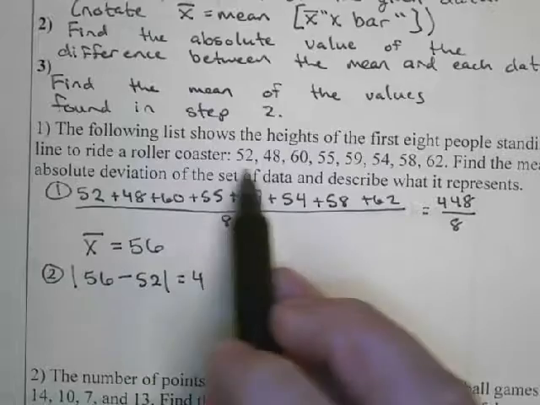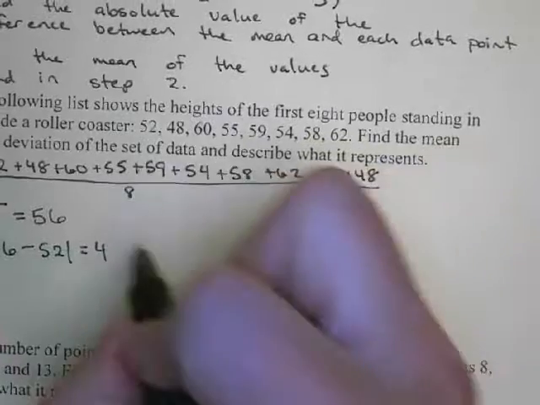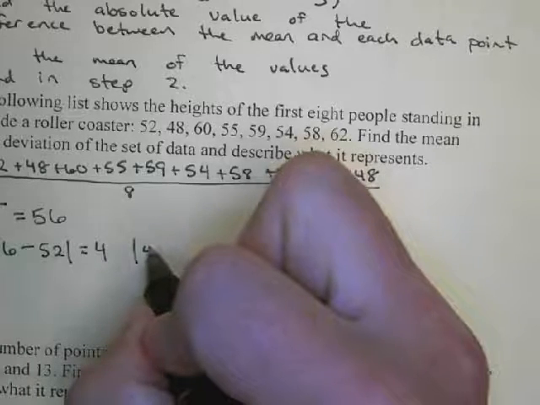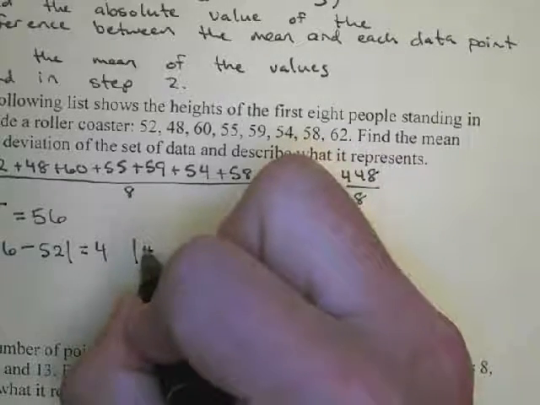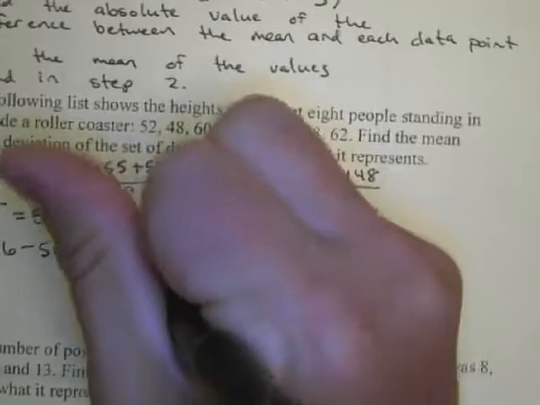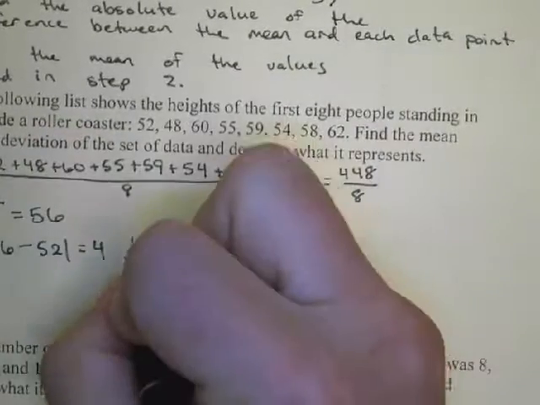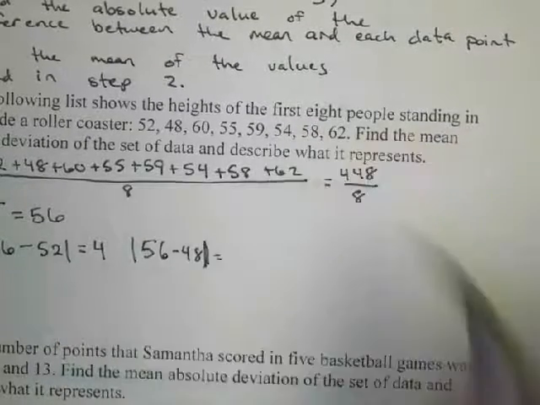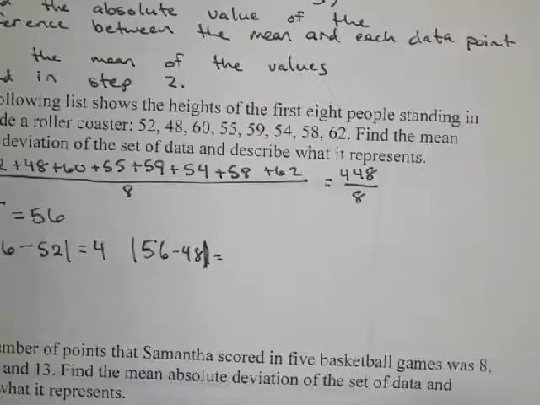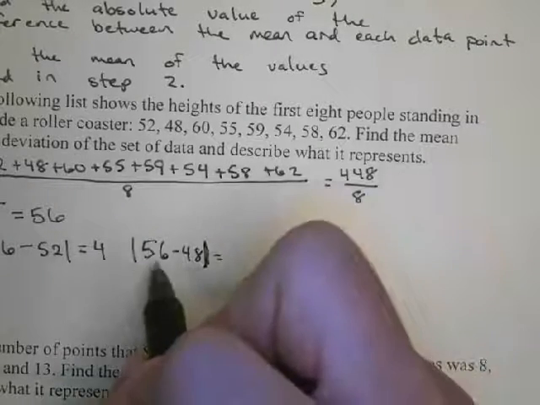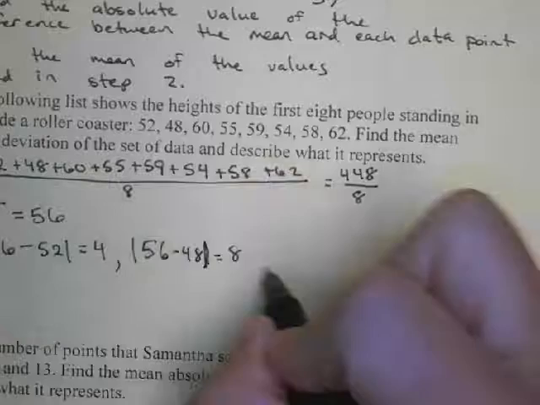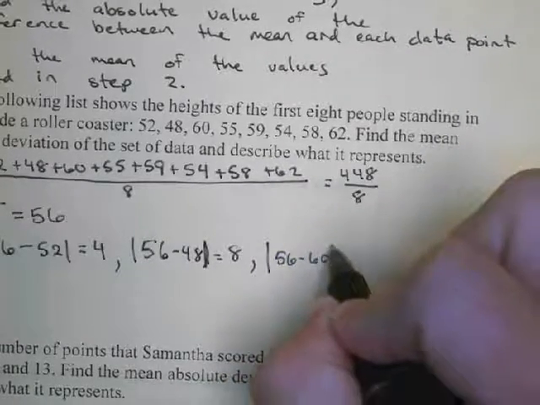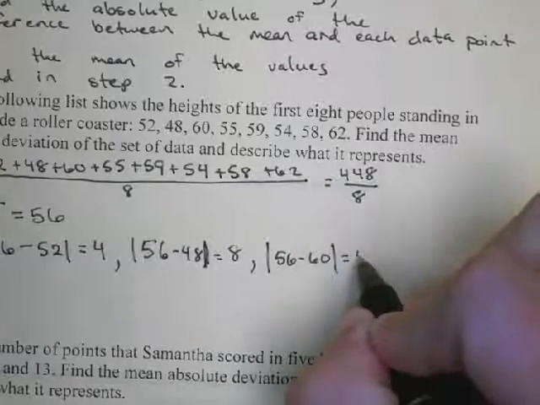Then 56 minus 48 is 8, and the absolute value is 8. Then the absolute value of 56 minus 60, which would be negative 4, and the absolute value would be 4.